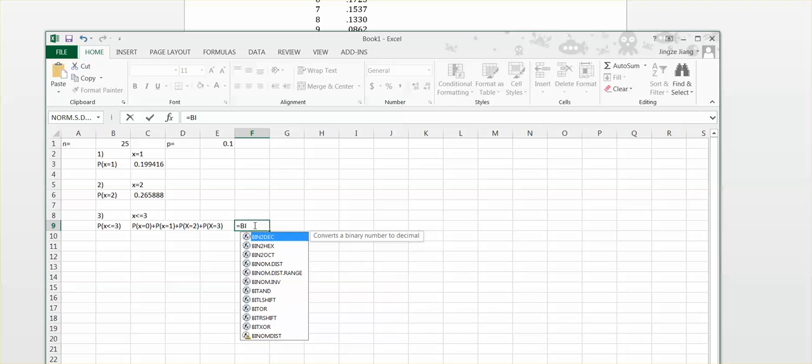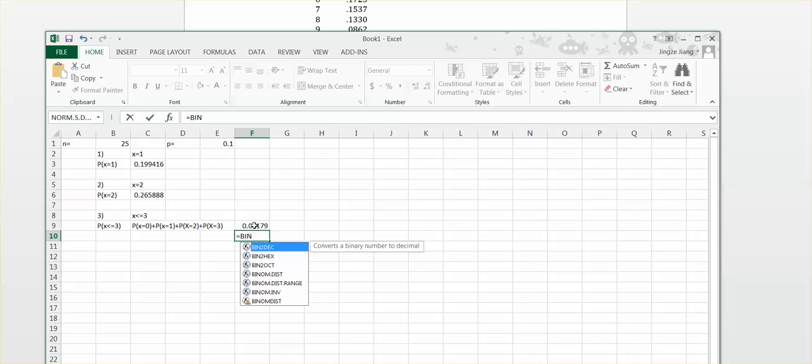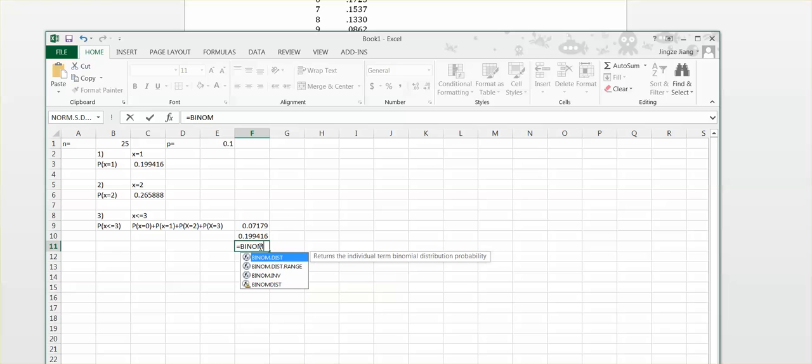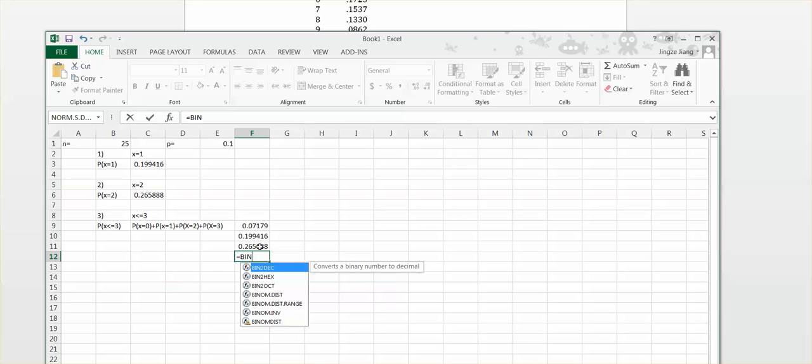So equal BINOM.DIST 0, 25, 0.1, FALSE, and equal BINOM.DIST 1, 25, 0.1, FALSE, and BINOM.DIST 2, 25, 0.1, FALSE, and equal BINOM.DIST, and the last one 3, 25, 0.1, FALSE.